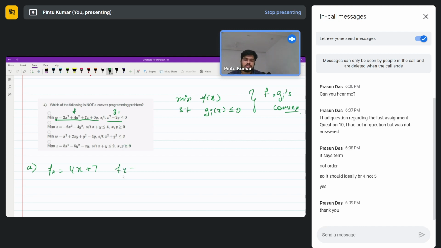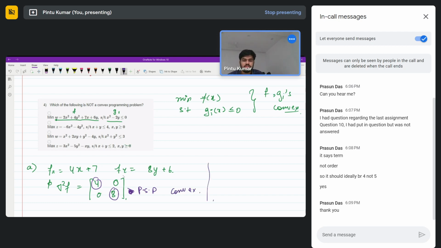F of y is 8y plus 6. So the Hessian would look like 4, 0, 0, 8. This is a diagonal matrix. You can see that all the diagonal elements are greater than 0. So this is positive semi-definite, right? So f is convex.